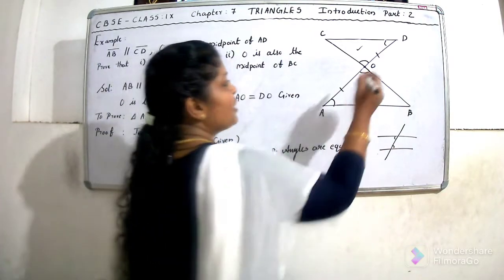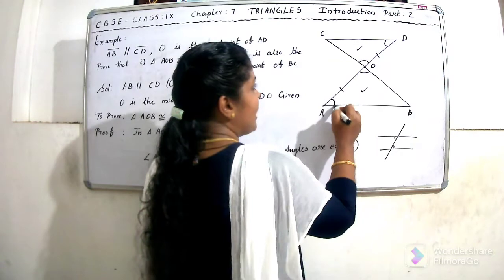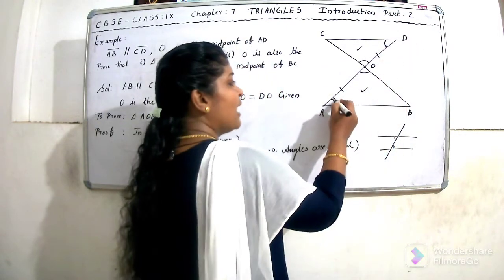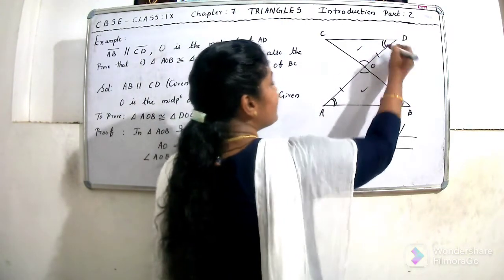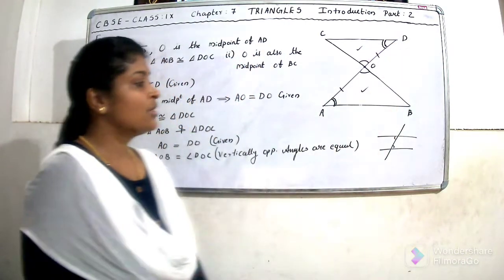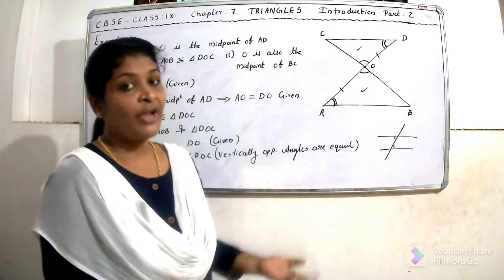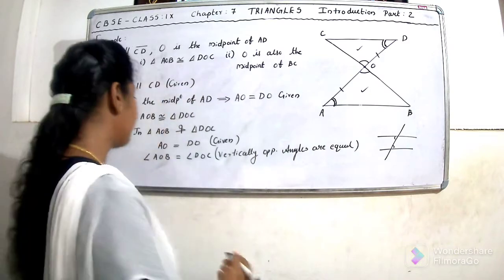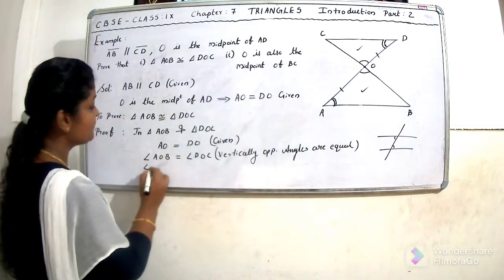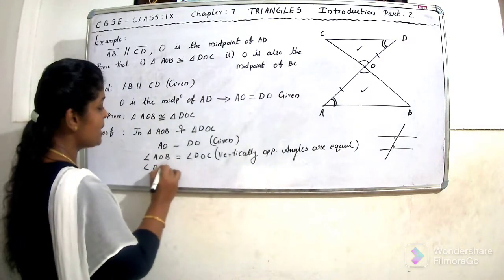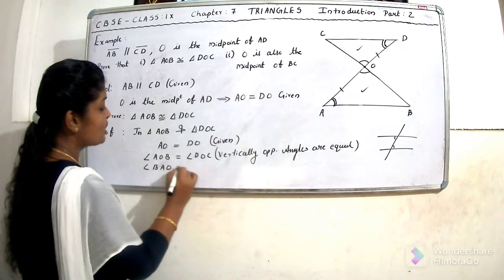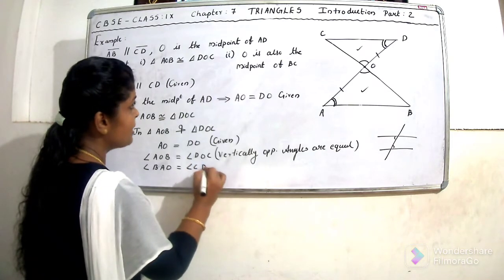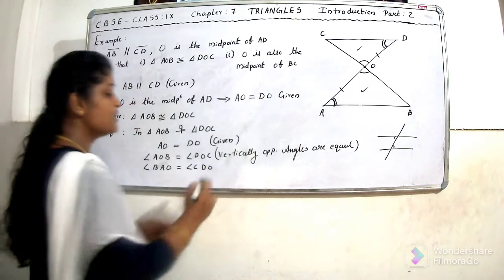So here we can take angle A and angle D, they are equal. The reason: alternate angles are equal. Why are alternate angles equal? Because they gave that these two lines are parallel. So we can take angle BAO is equal to angle CDO. What is the reason?